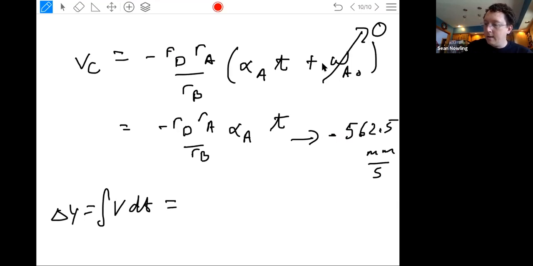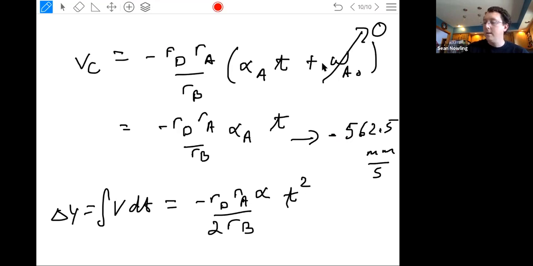That's just going to be minus RD RA times alpha over RB times the time squared over 2. And I don't have a calculator right here with me, but that should be the formula. All I did was, once I had the formula for the velocity up above, I just integrated it again to find the change in position.